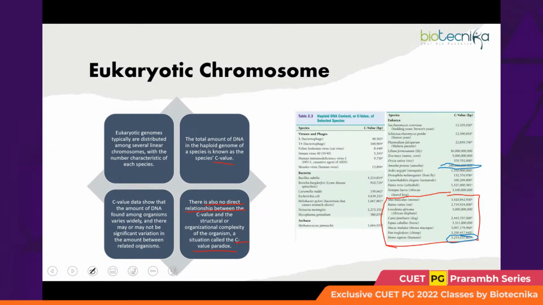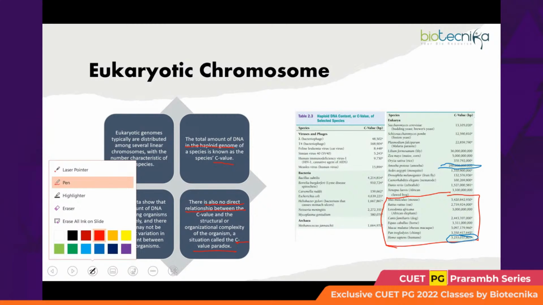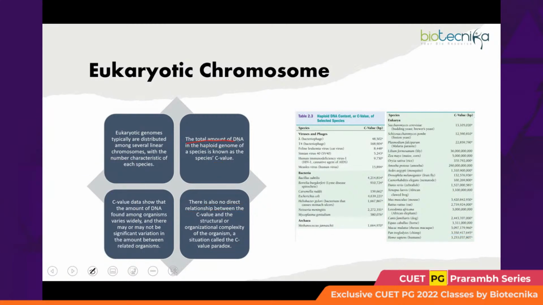So there is no direct correlation between the C value of different species and the organizational complexity between them, and that is what is called the C value paradox. C means the total DNA content. The C value stands for the total DNA content of a haploid genome.